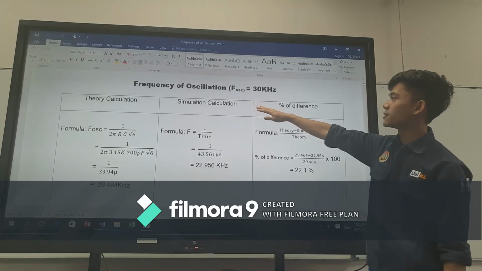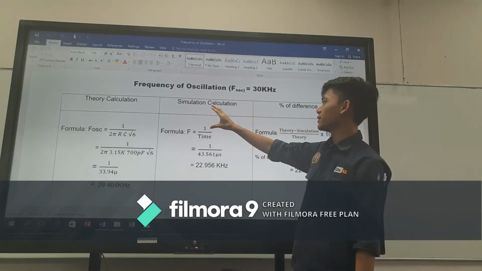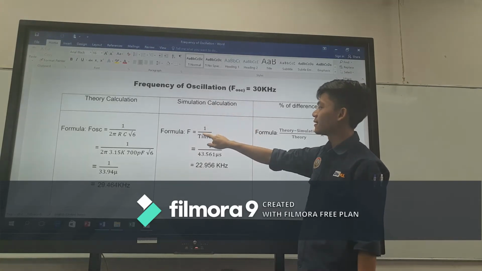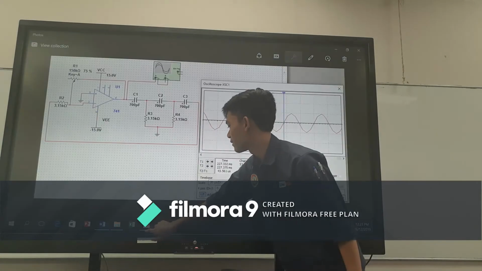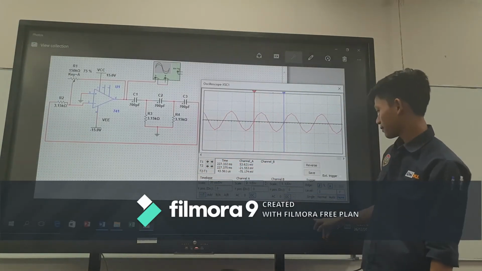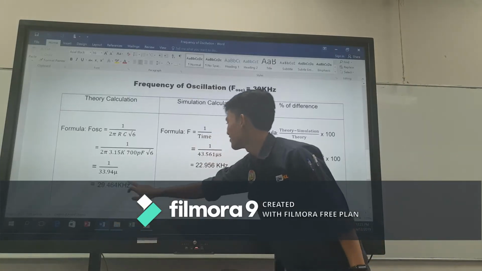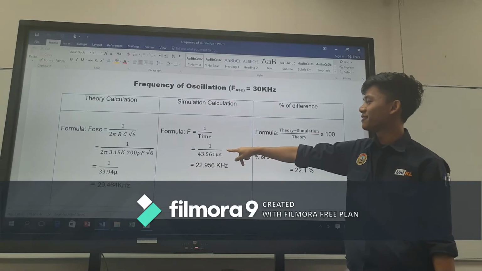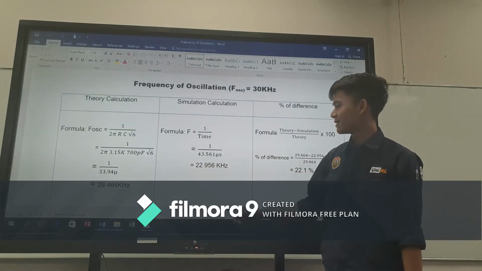This is for the simulation calculation. The formula for the simulation calculation is 1 over time. The time that we have got is 43.56, and after we have divided, the answer is 22.956 kilohertz.